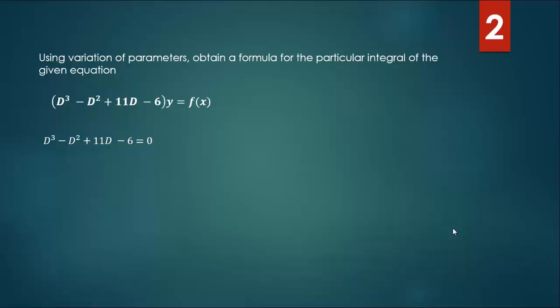The characteristic equation in this case is d cubed minus d squared plus 11d minus 6. And by inspection, we have the roots 1, 3, and 2. Since these values of d are all distinct, the corresponding solutions are y1 equals e to the power of x, y2 equals e to the power of 3x, and y3 equals e to the power of 2x.